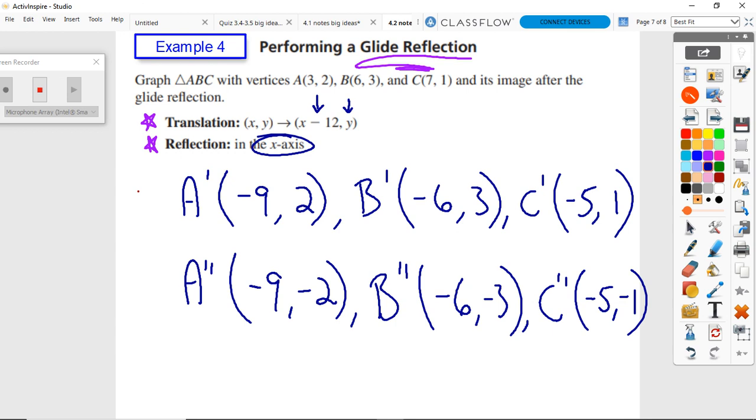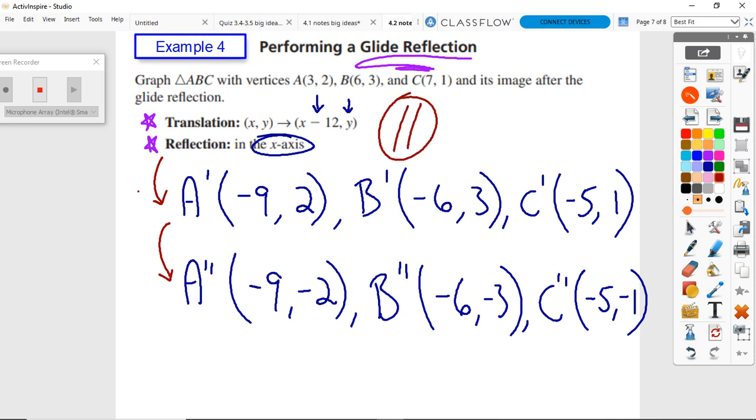An important thing to note here, it's from where you ended up. So our first transformation was to slide. So then from there, that's when I do the reflection in the x-axis. And the reflection line and the slide will always be parallel. That's just something else cool about a glide reflection.